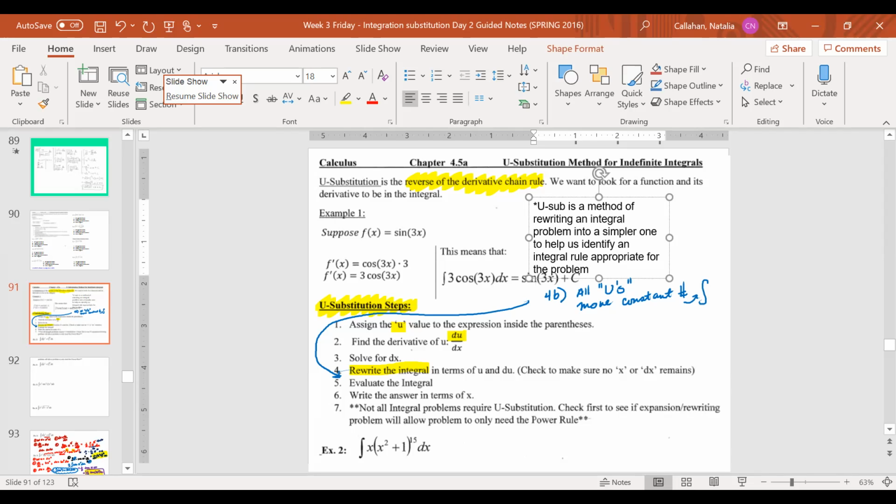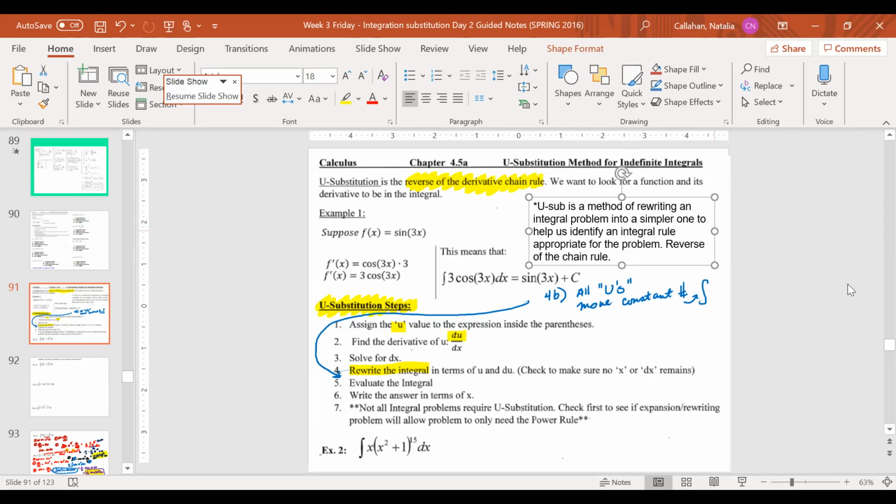Okay. In a way, it's kind of reverse of the chain rule. So you could think of it that way, because you can't really integrate the chain rule. So a lot of times that becomes somewhat problematic.